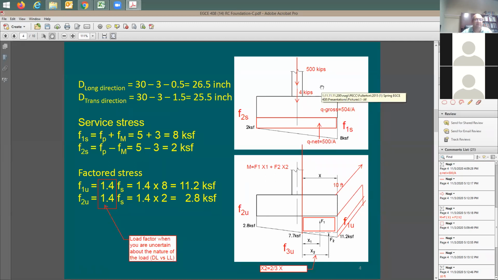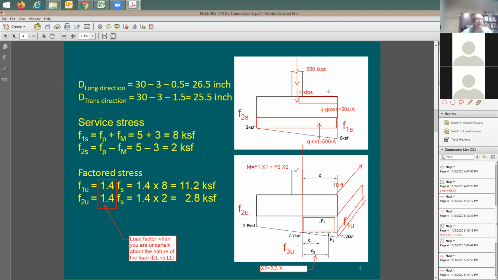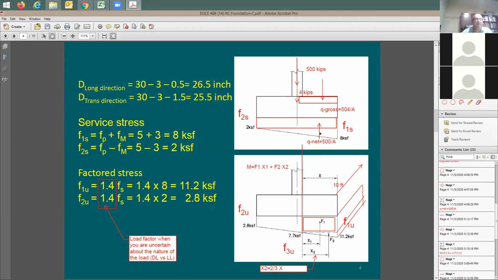With that, I have the moment. But if I want to find out the moment based on this gross pressure, I need to subtract the weight of the footing, because the weight of the footing is going to be acting against this pressure coming upwards. And in this case, I'm going to end up with exactly the same moment value, right?